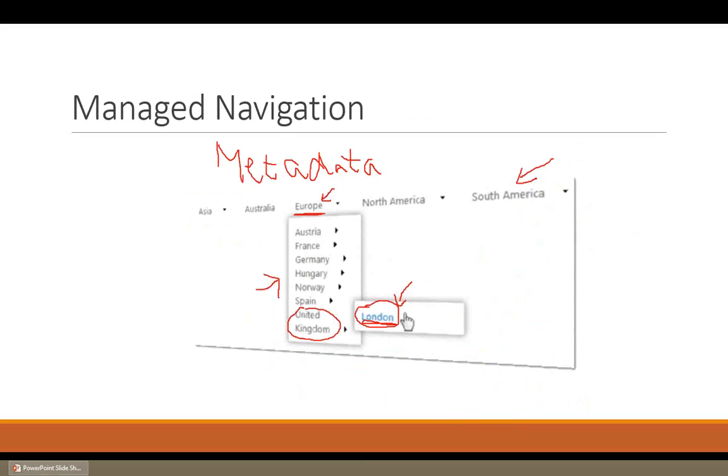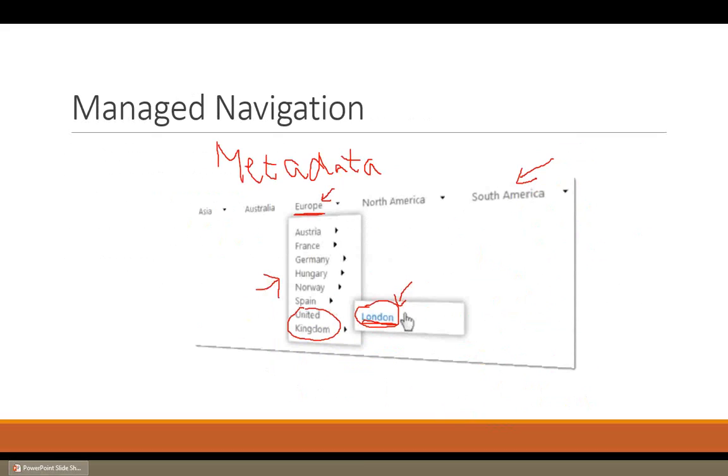What you have to have for it is, obviously, managed metadata term stores. You have to have SharePoint 2013, because I have told you this is a new concept in 2013. And also you have to have a working search solution.